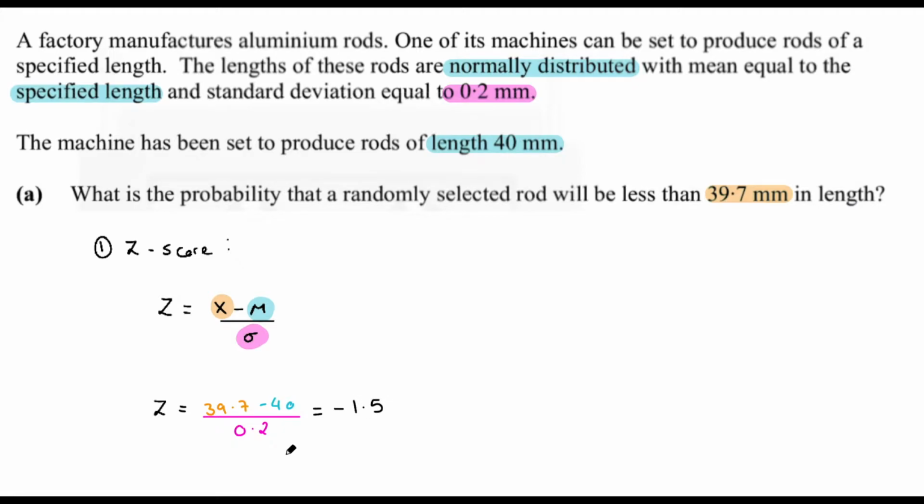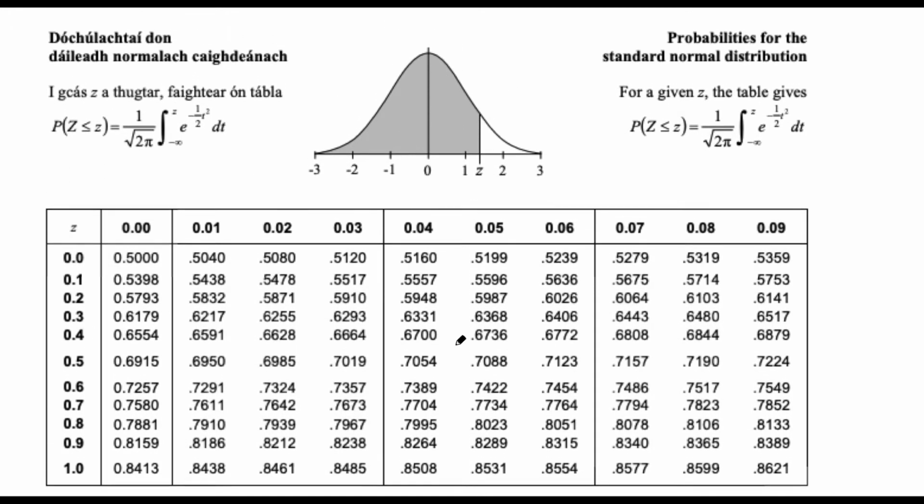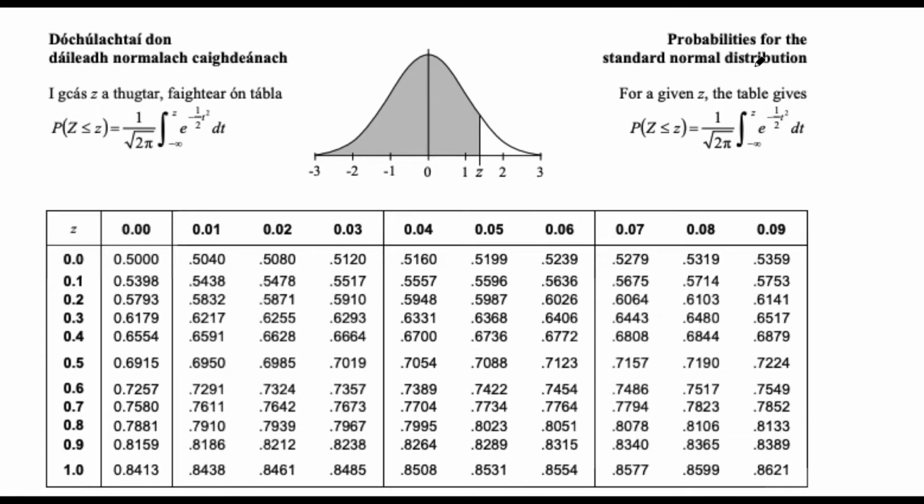Now, that minus 1.5 might cause a bit of trouble to start out with, because when we go to the log tables, we're not given any negative z-score values. When we go to the log tables, we'll find only that they have positive z-scores. So how are we going to work with this?